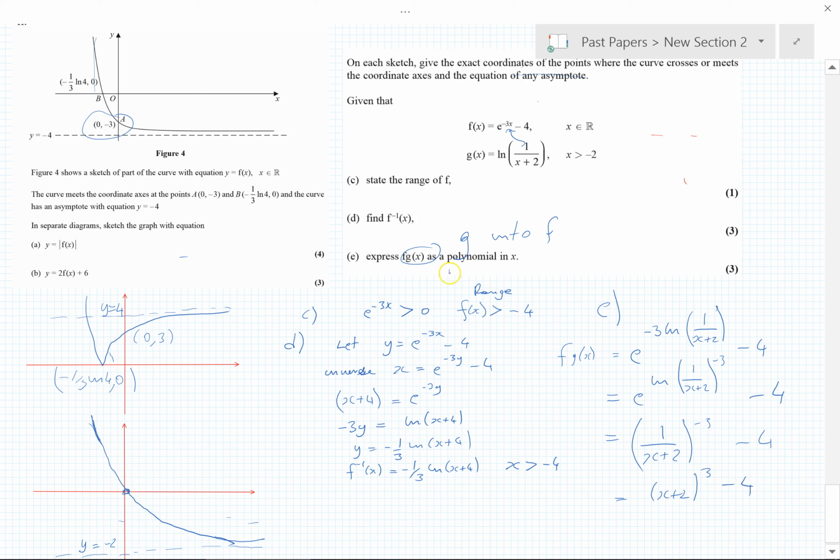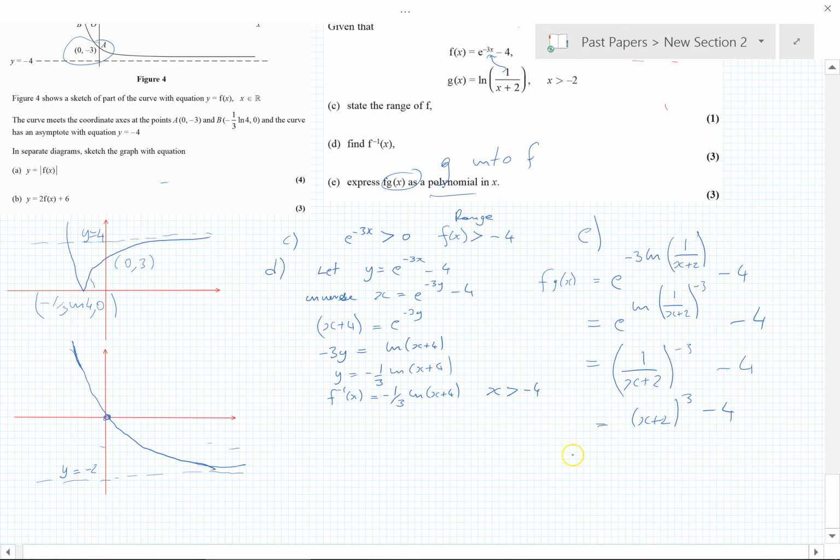Now it does say express it as a polynomial, so I think we're going to have to multiply that out using binomial. That's x cubed plus 3 times x squared times 2, plus 3 times x times 2 squared, plus 2 cubed, minus 4.